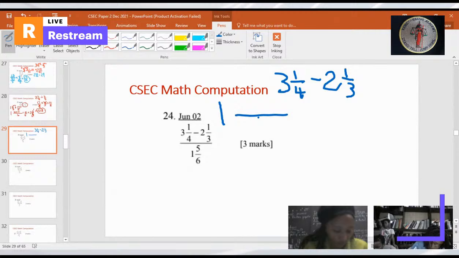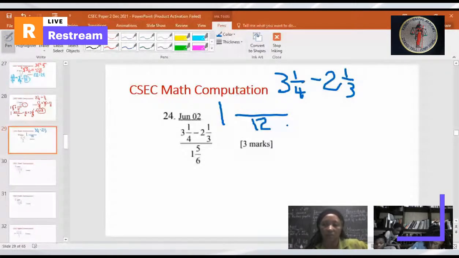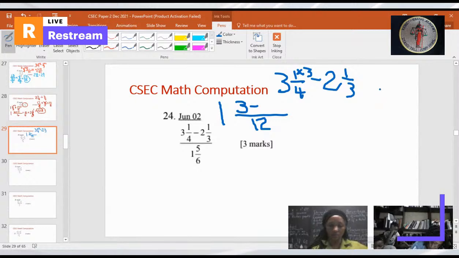The LCM would be 12. 4 into 12 goes 3 times, so you do 1 times 3, which would give you 3. And 3 into 12 goes 4 times, so 1 times 4, which is 4.